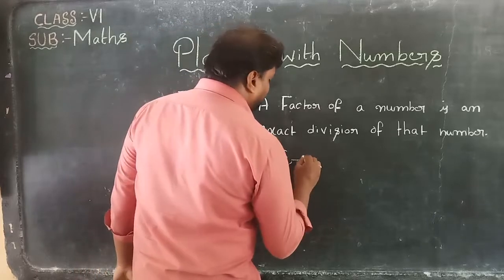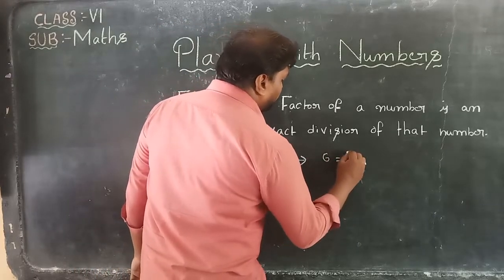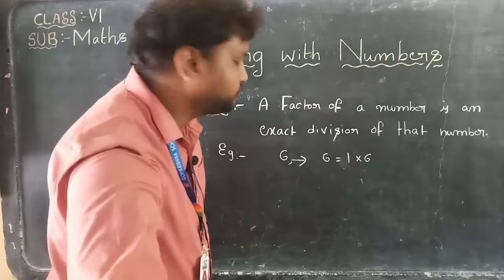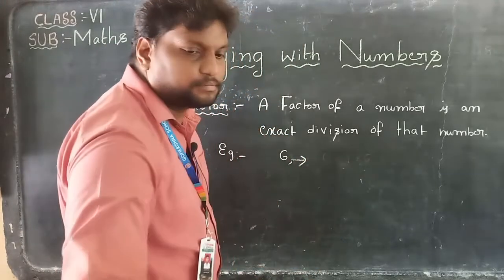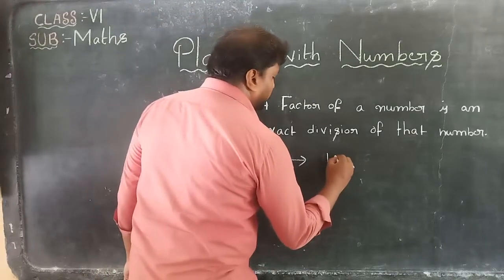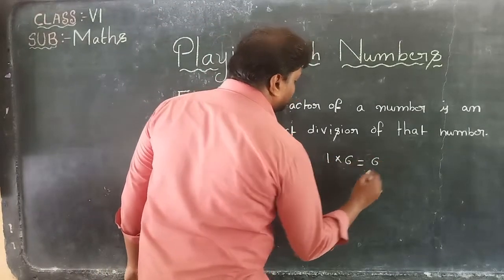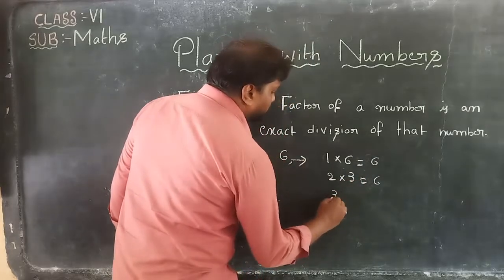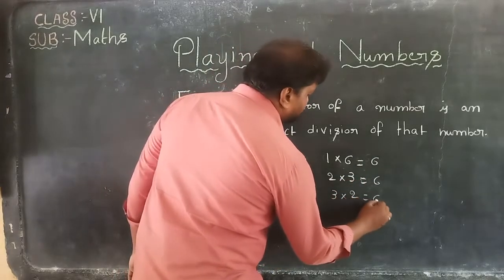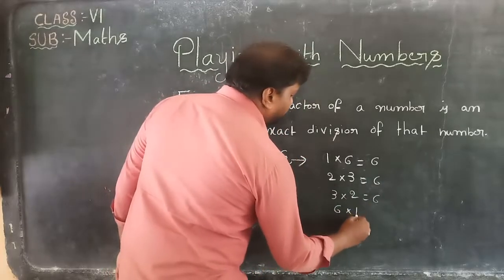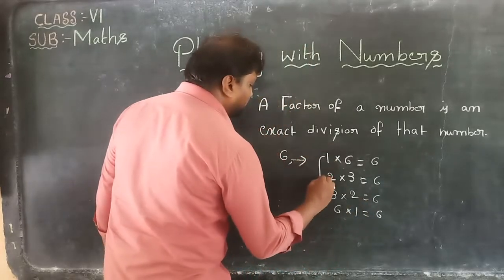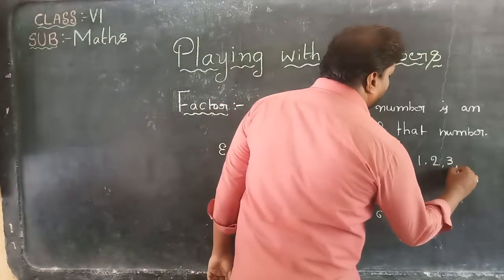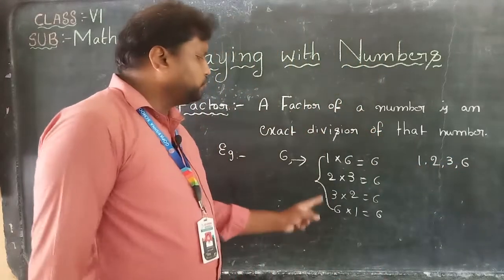We can write 6 is equal to 1 into 6. 1 into 6 is equal to 6, 2 into 3 is equal to 6, 3 into 2 is equal to 6, 6 into 1 is equal to 6. Means 1, 2, 3, 6.